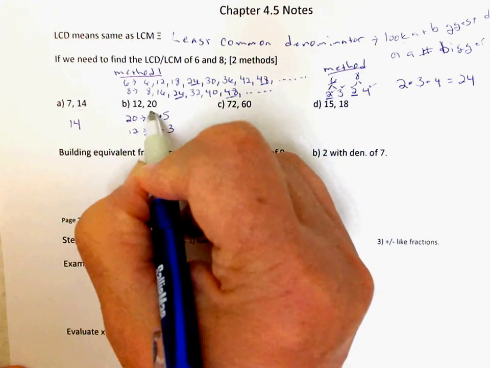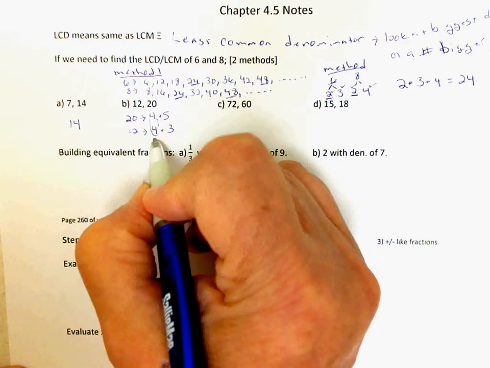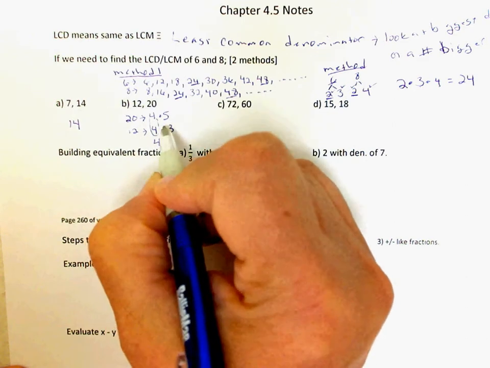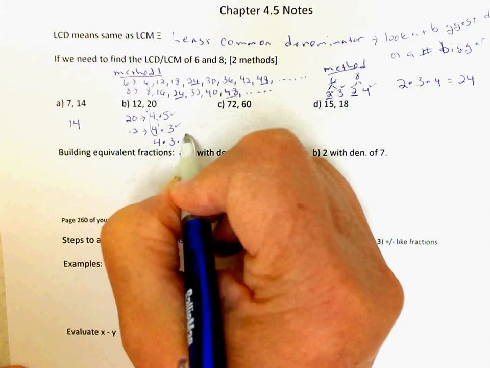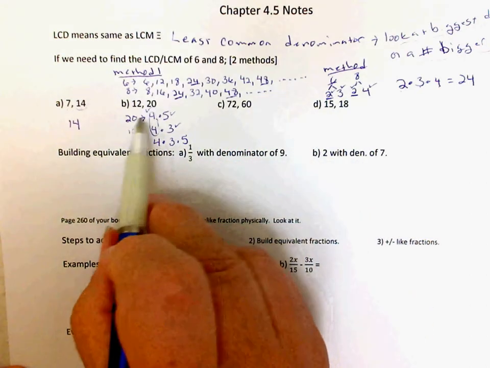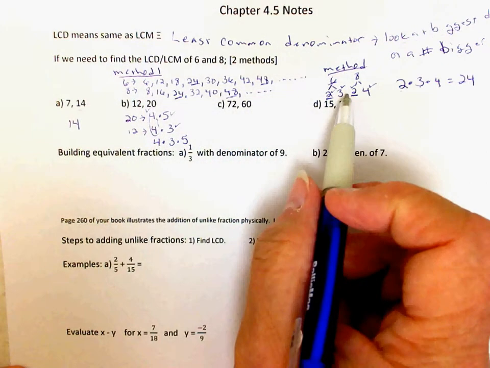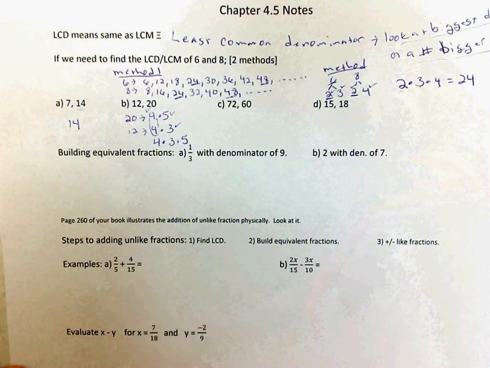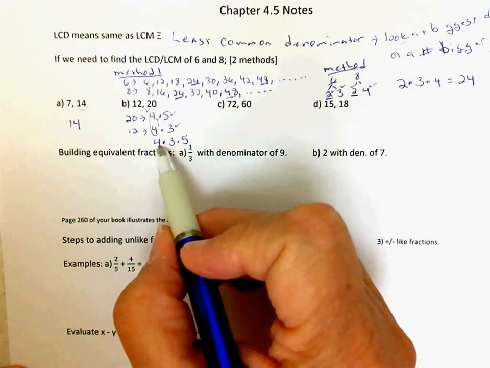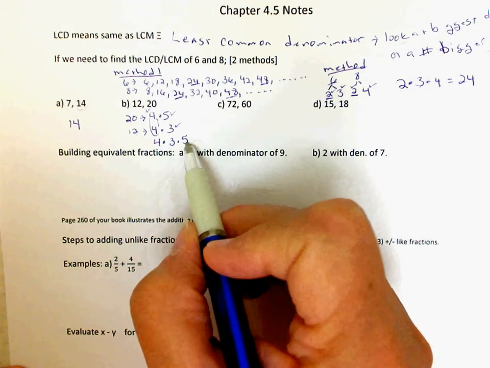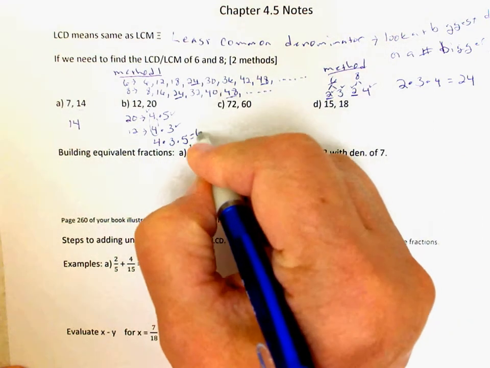These are repeated. So our LCD is 4 times 3 times 5. So I really did my factor tree like I did here. I just set it up a little differently. So now 12 times 5 gives us 60.